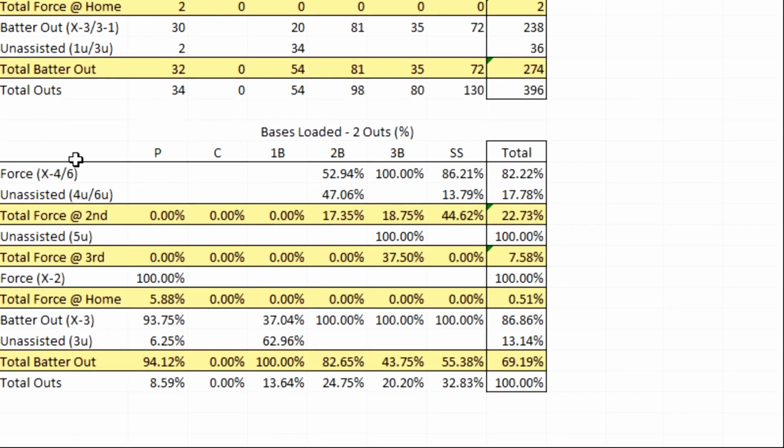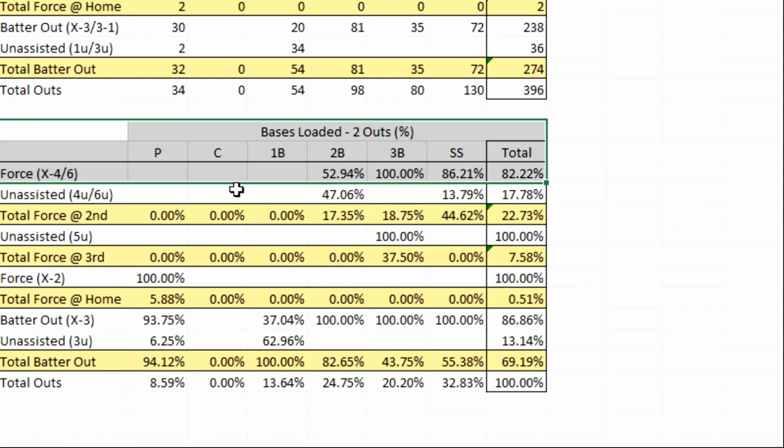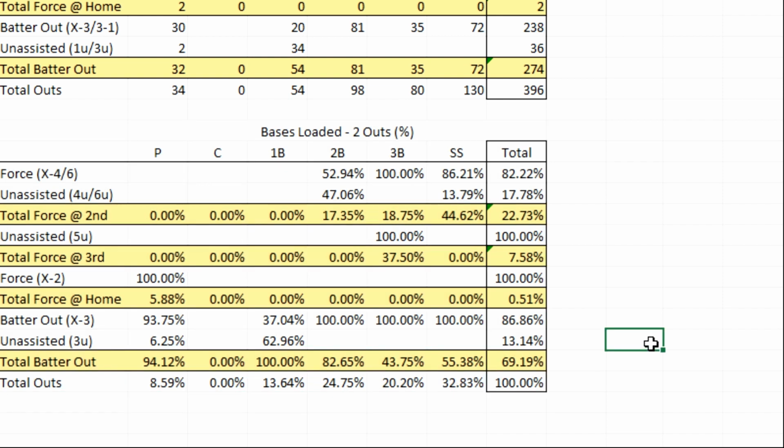So these percentages here don't really change much based on the runner positioning, other than the fact that the third baseman's getting that easy out at third, for example, but that is independent of the bases being loaded. As if there were a force with runners on first and second, we'd see the same numbers, and we did when I looked at those numbers.